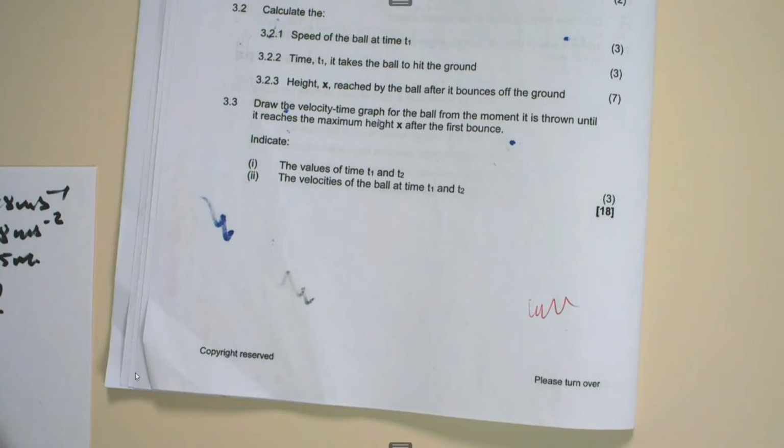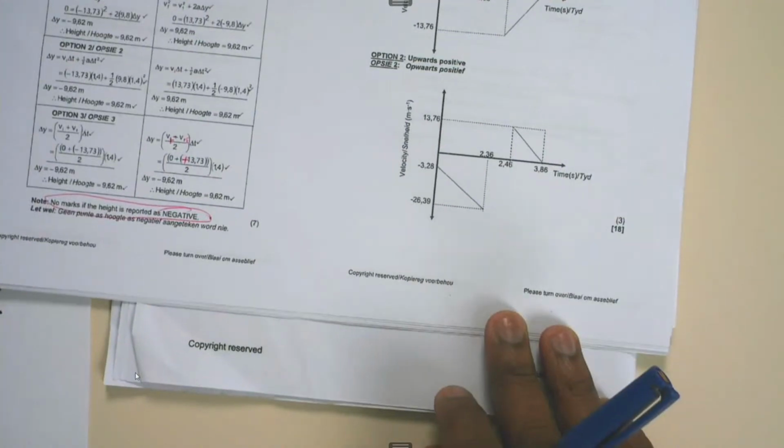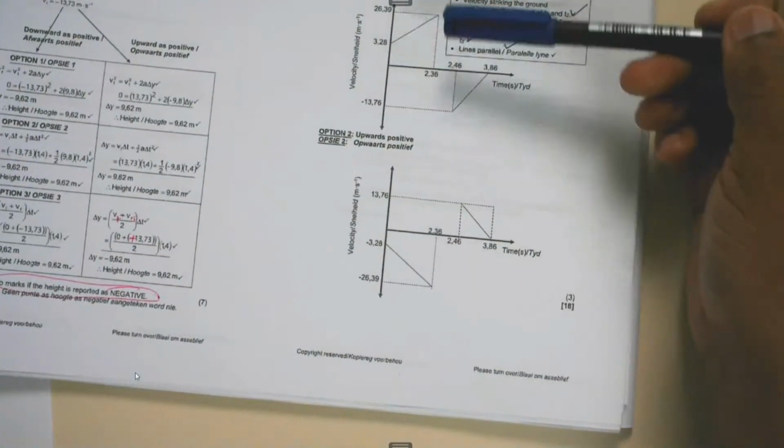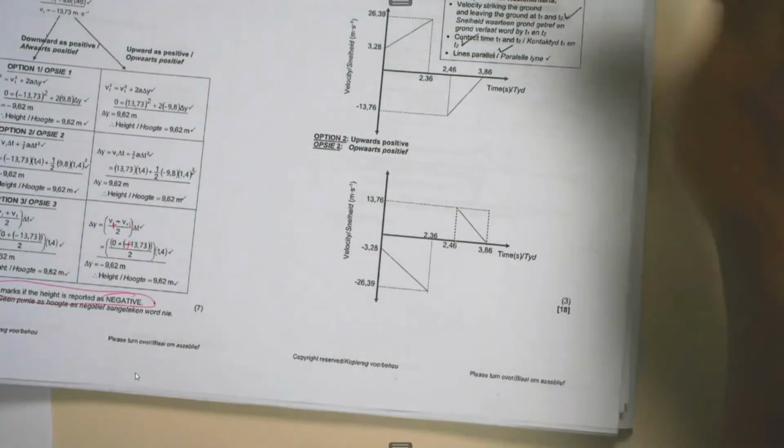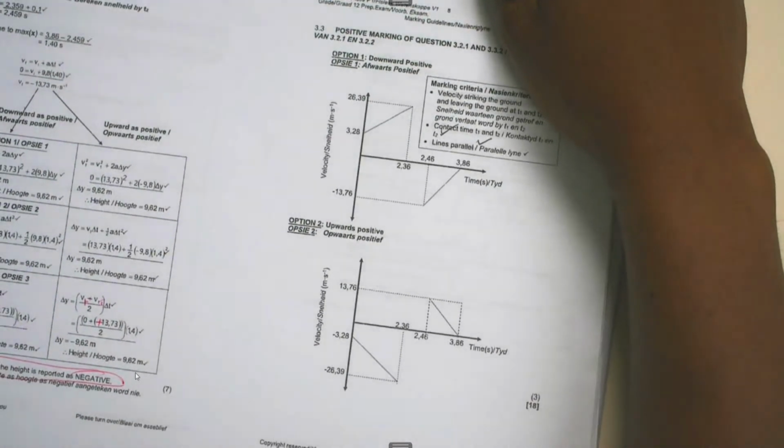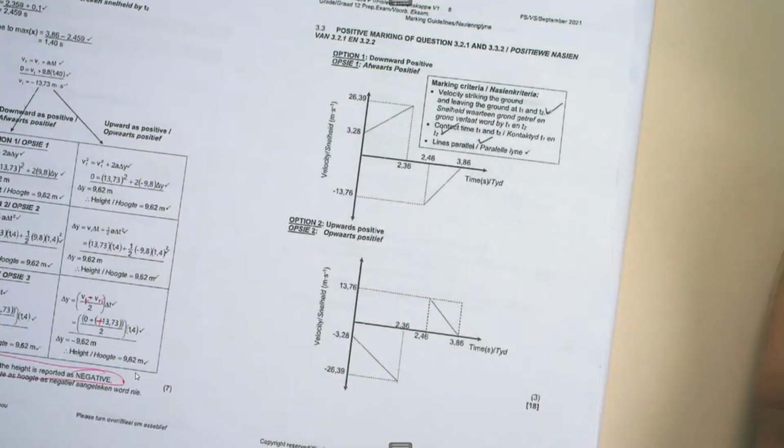Drawing the graph means it clearly says indicate the values of T1 and T2, the velocity of the ball at time T1 and T2. So the expectation is that we should also be able to draw the graph. The calculations will be given, yes.